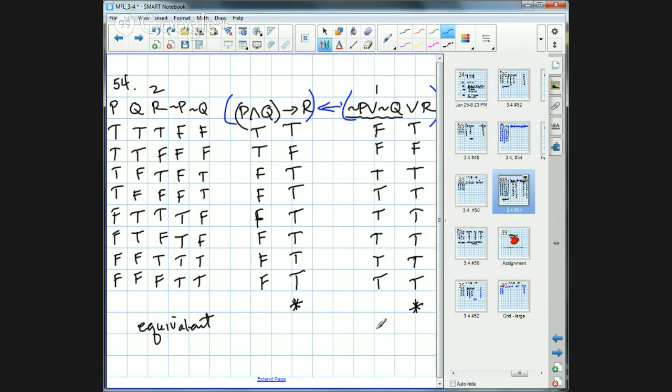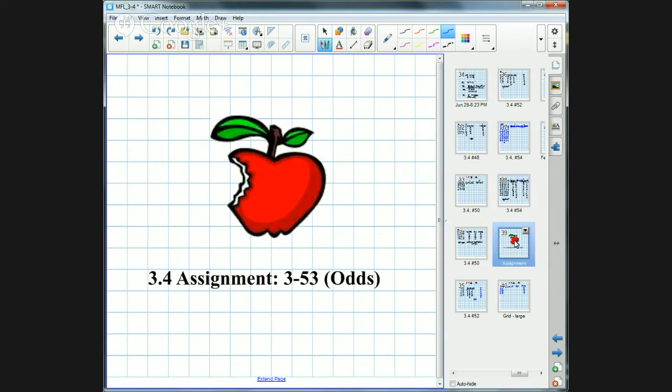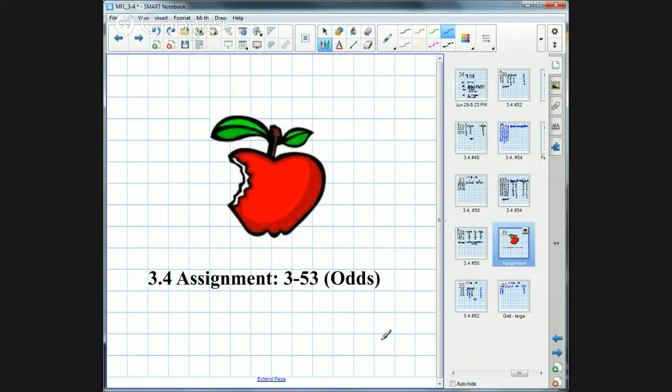Well, okay, I got a feeling I wasn't very clear tonight. Honestly, I tried, guys. I don't know. Here's what the assignment looks like. We eventually have to get to it. 3 through 53, the odd-numbered ones.